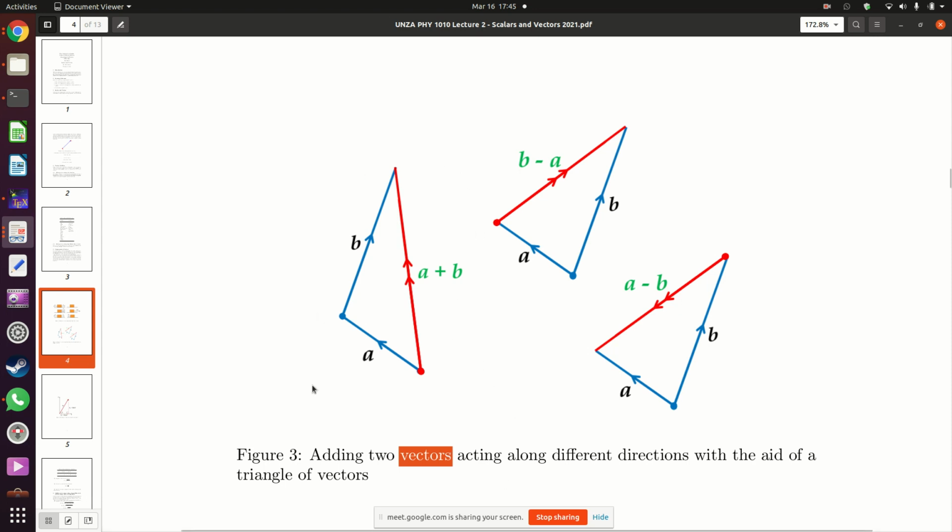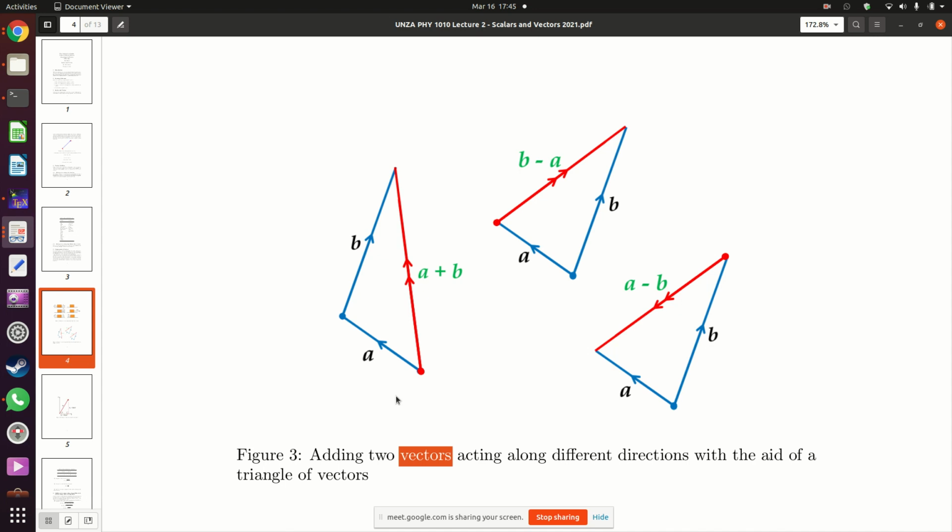The thing with these triangles of vectors is they have to be drawn to scale, and also the angles have to be accurate. The directions, you have to be really, really accurate. So there's that problem. What if the vector A is a displacement of 100 and the B is a displacement of 300? Drawing these things according to scale is a bit tedious.